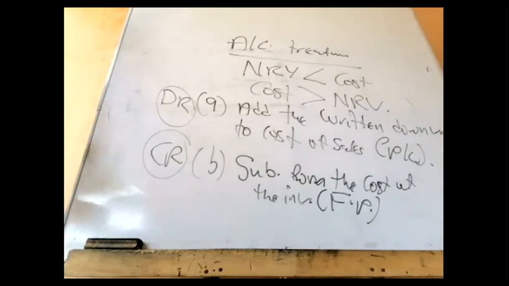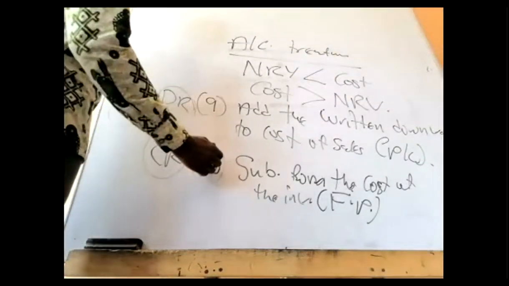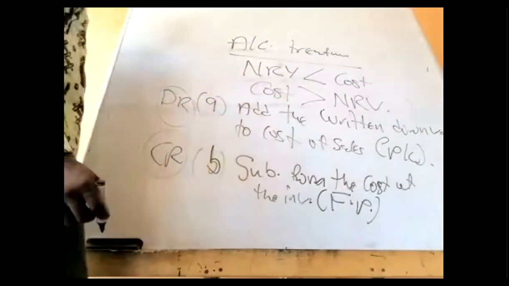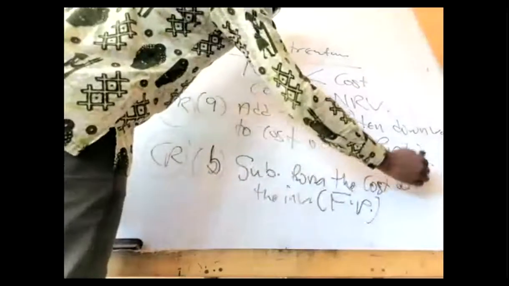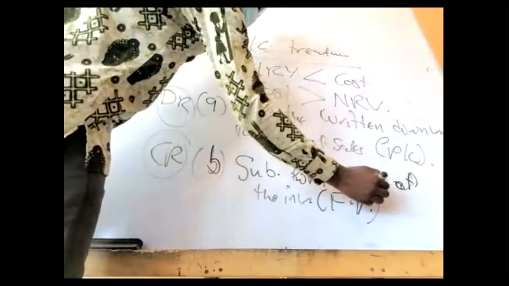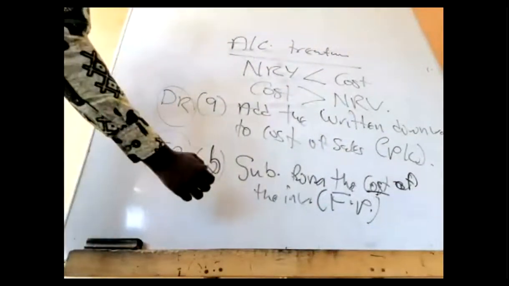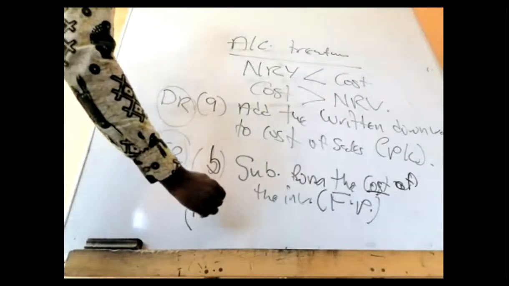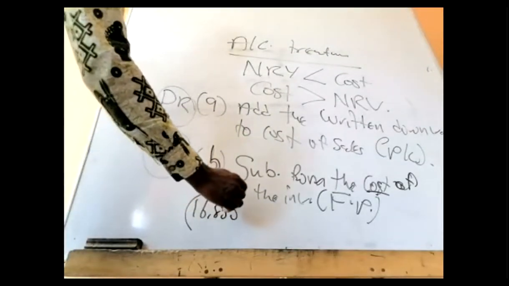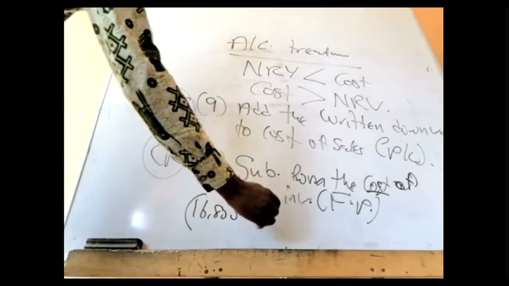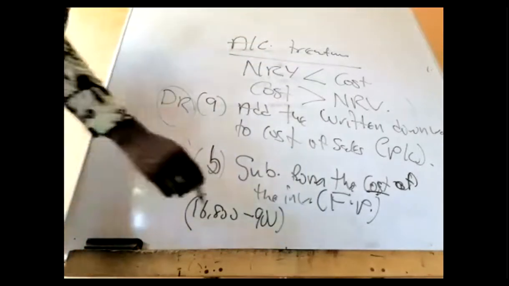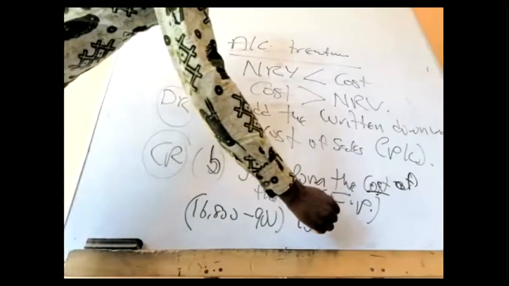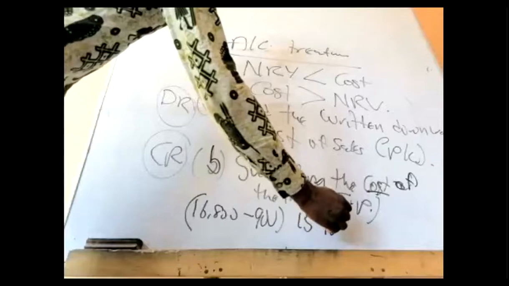Now, the second treatment is just to subtract it from the cost of the inventory. So in this particular case, the cost is 16,800. If I take 900 from it, I'll get 15,900.